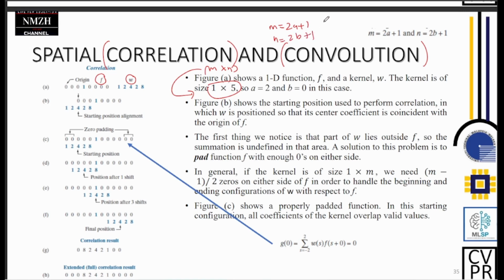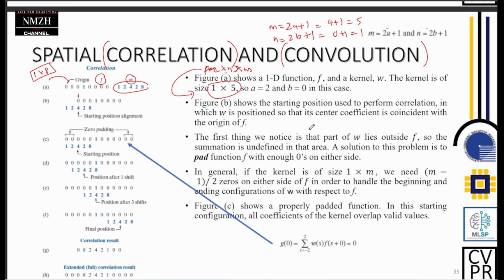So when A is 2, that is 4 plus 1, so we have 5 and 1. Okay, so this one is 1 by 5, while this one is 2, 4, 6, 8.